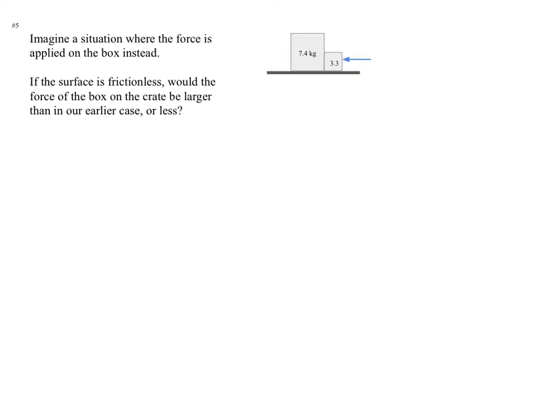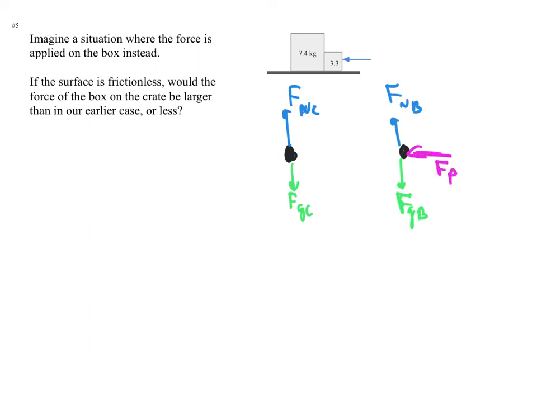So now we're going to say these two forces, and we'll still have the same weights because we haven't changed anything there. And we'll have the same normals from the table because we haven't changed anything there. Right? We haven't changed any vertical stuff, so that can't change. Now we're pushing from the right with FP.